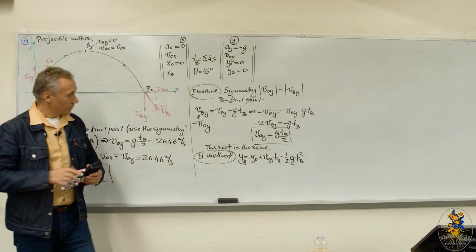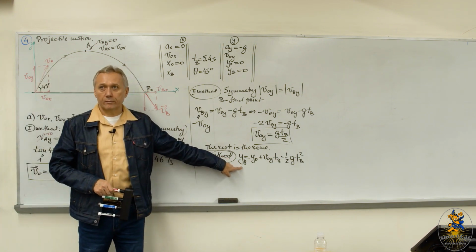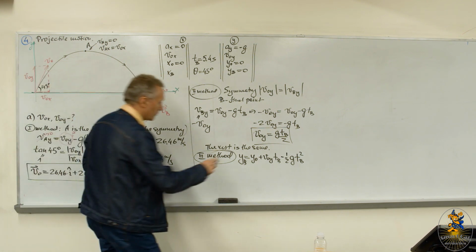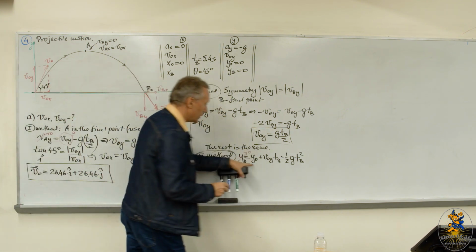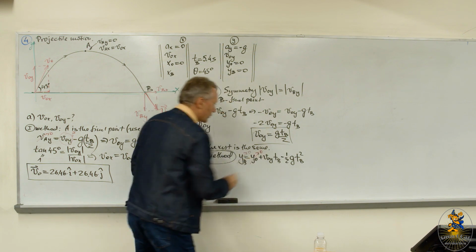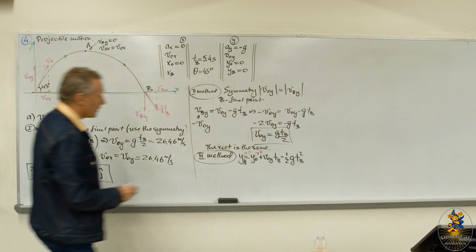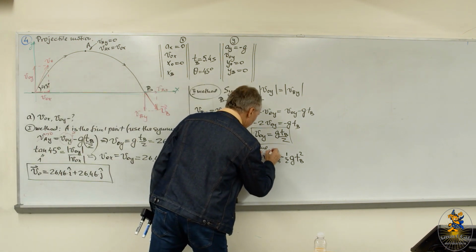So, the y coordinate is 0. The initial y coordinate is also 0. Right? And we need to find this.